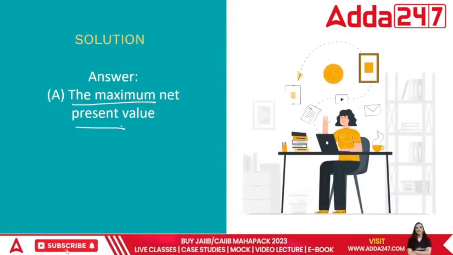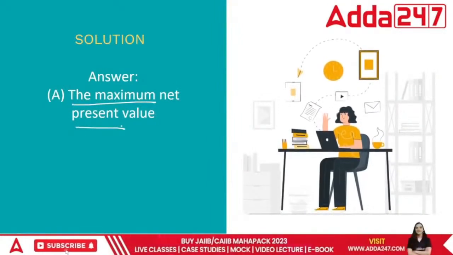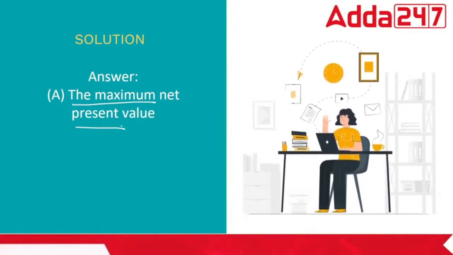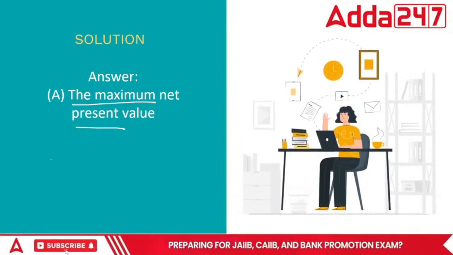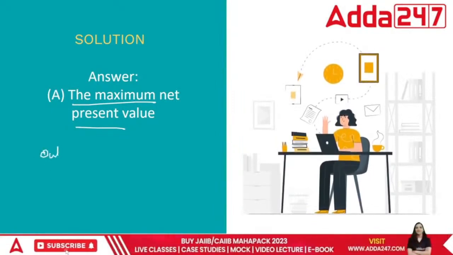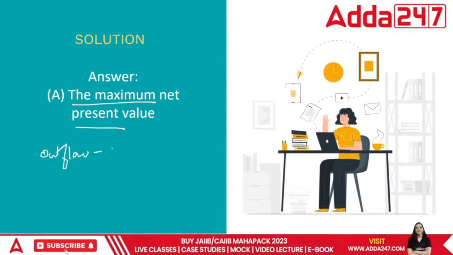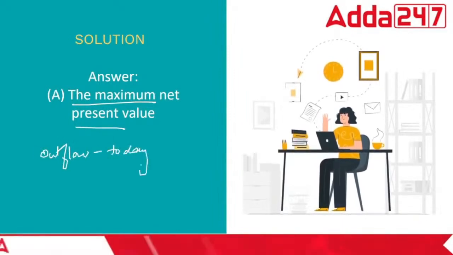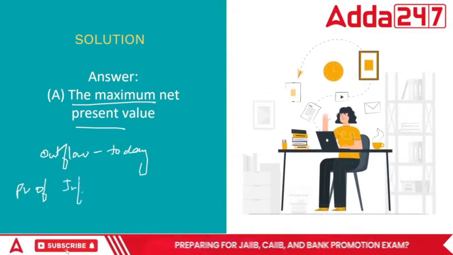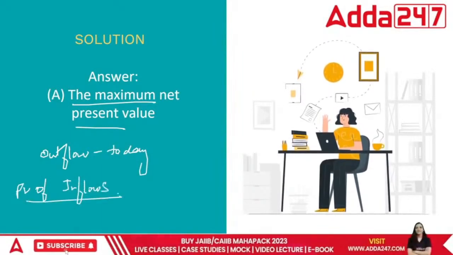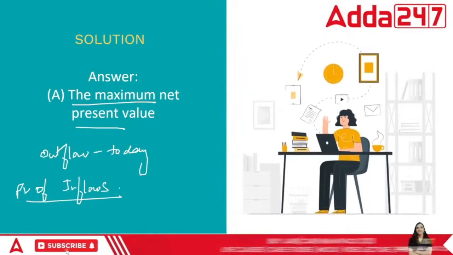Maximum NPV would mean the inflow and outflow. The outflow is done today, and the PV of inflows is something which we have to calculate. That is for tomorrow.